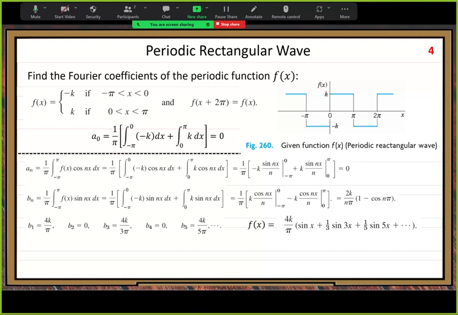The sum of all these good and nice sine functions, we use this summation to approximate the original periodic function. But the original periodic function has many discontinuities. At 0 it's discontinuous, and at pi, at a multiple of pi, it's discontinuous.